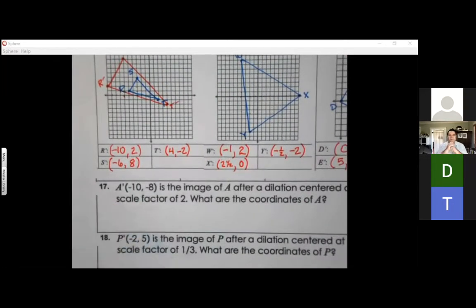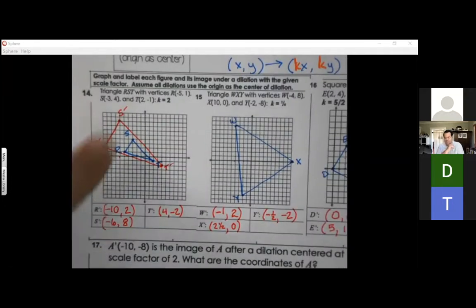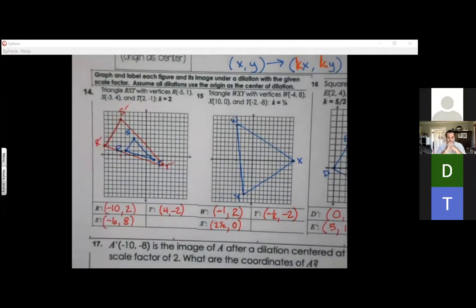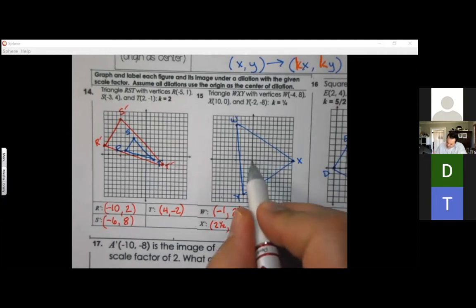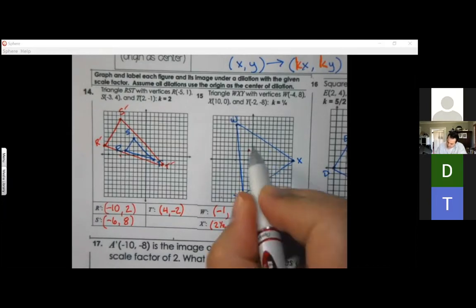That shape should have all the dimensions exactly twice as big because we had a scale factor of 2. So it's an enlargement, it's getting bigger. So next one, W is going to go over 1 left and then 2 up.